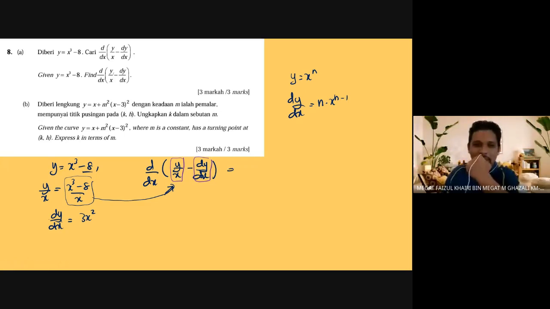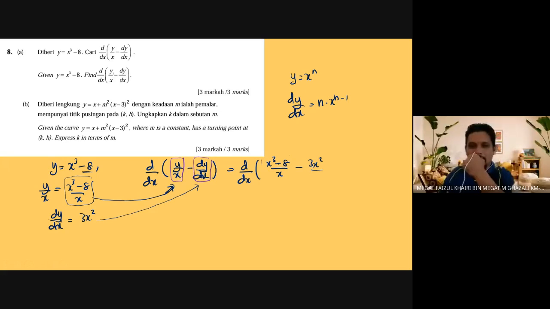So this is for dy/dx. If I put them all together, we get x cubed minus 8 divided by x, minus 3x squared.